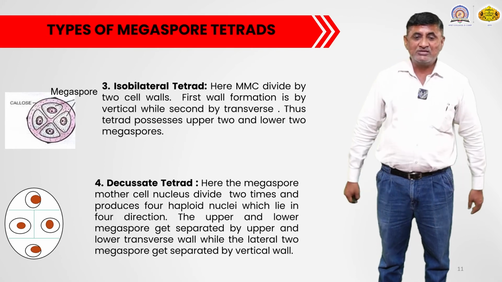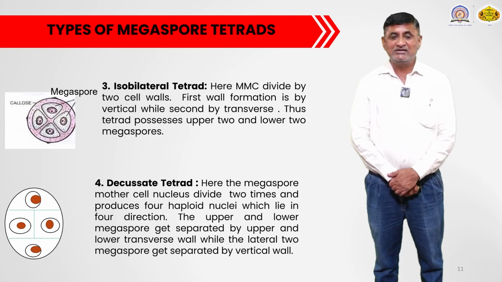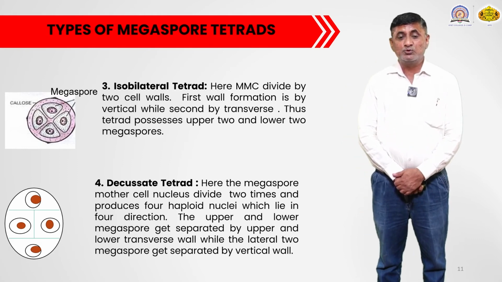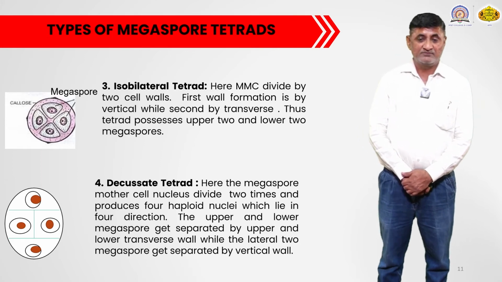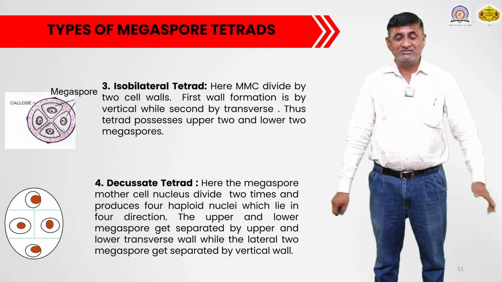The next type of megaspore tetrad development is the decussate tetrad. Here the megaspore mother cell nucleus divides 2 times and produces 4 haploid cells which lie in 4 directions.